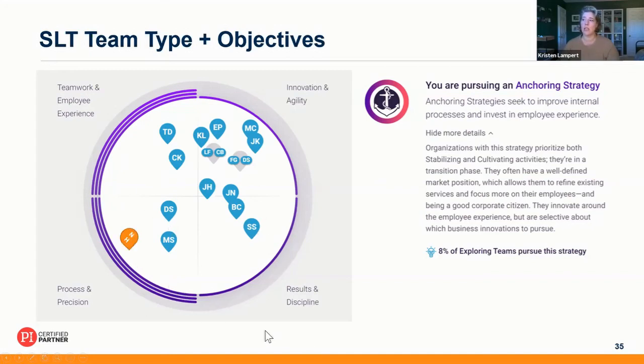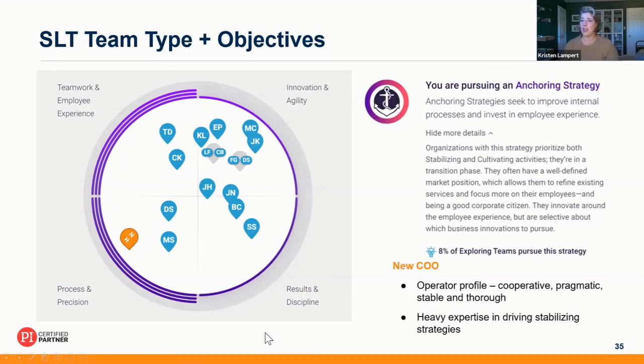And so when it came to hiring that new COO, we wanted to target a very specific profile, looking for an operator, someone who's going to be more pragmatic, stable, and thorough, and have a really heavy understanding of how to drive more stabilizing strategies.